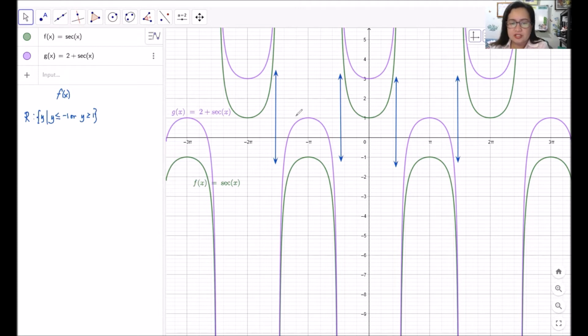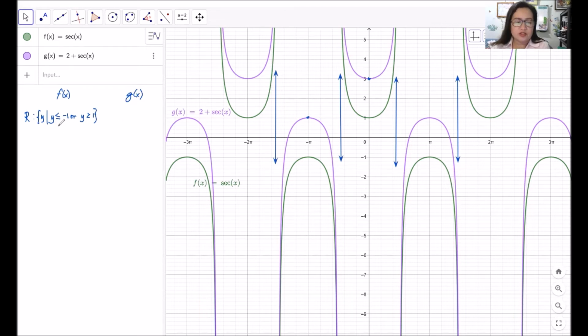Let's see. We have here the purple. Take note, we have here 1, then here we have positive 3. If we draw a line there, you can see the gap between the set of curves. Therefore, there is a significant change in the range.